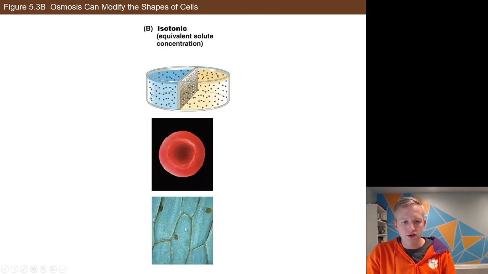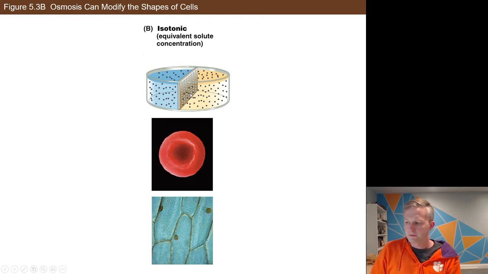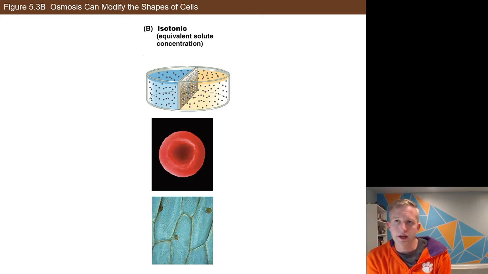An isotonic solution, and here's that nice plant cell where, again, you can't really see the cell membrane versus the cell wall because it's nice and filled up. Here's a nice blood cell, and you can see equal concentrations of solute on both sides. It's the reason why, when somebody's dehydrated or goes to the hospital and for any reason needs an IV bag, saline is used instead of pure water or something that contains tons of salts.